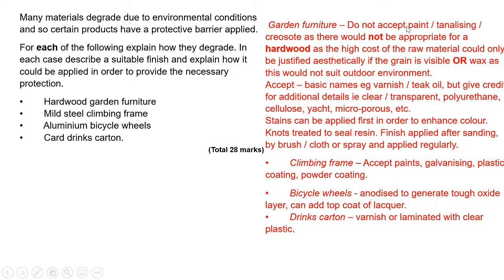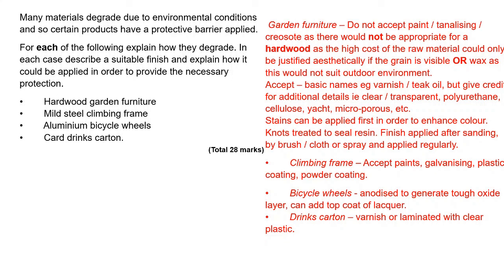Okay, so just to go through a couple of examples. So take garden furniture, for example. So you can't accept things like paint because you've got to be more specific. So if we take hardwood, as the high cost of the raw material could only be justified aesthetically if the grain is visible, or wax. So here with hardwood, the reason it's saying not paint is because typically hardwoods, because they're more expensive, you're less likely to paint.